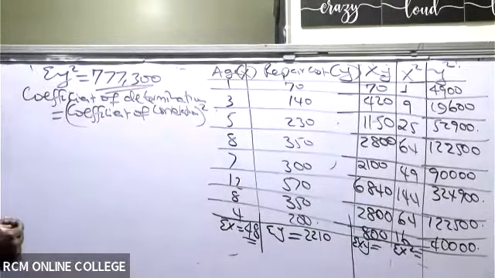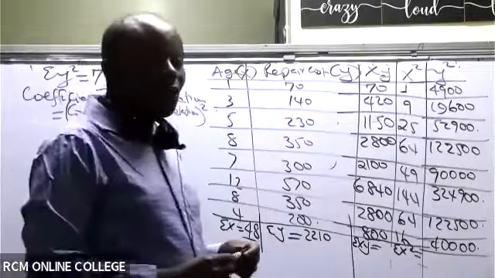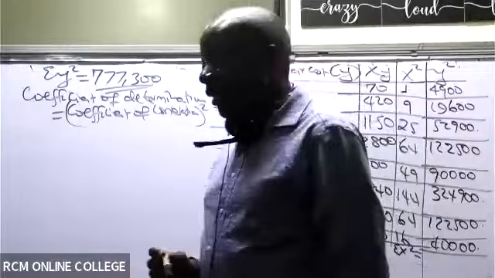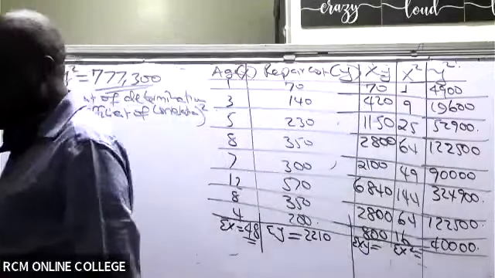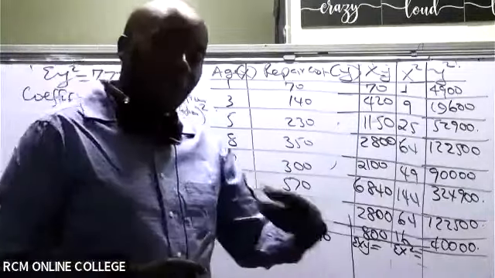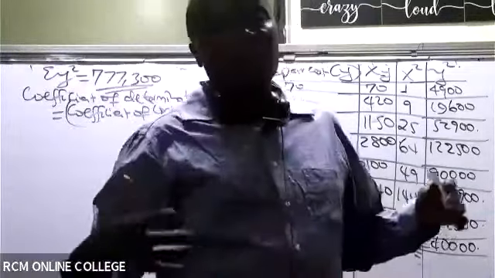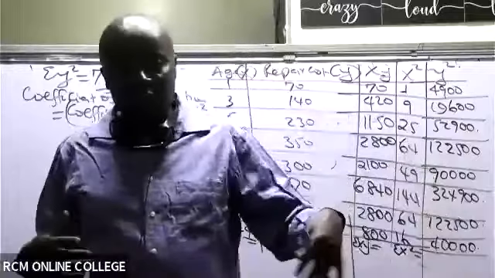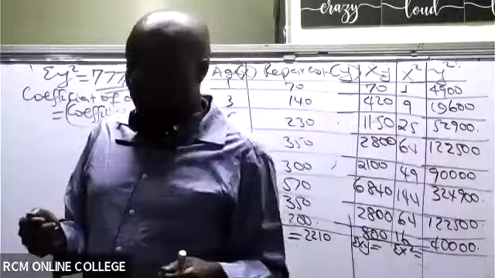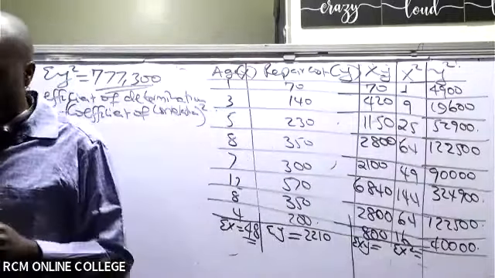Anytime they ask you to give them the coefficient of determination, always remember that this is a child of the correlation coefficient. You simply square the coefficient of correlation to get the coefficient of determination.